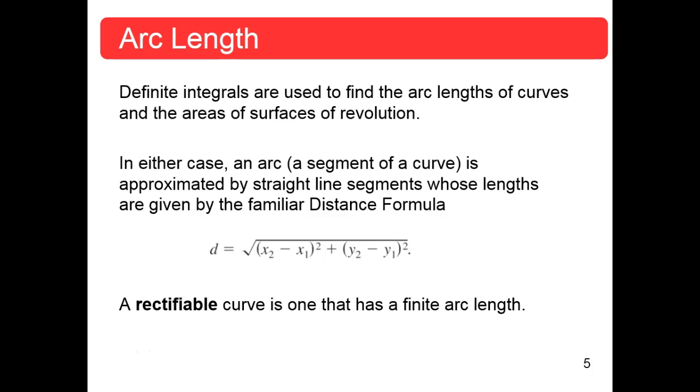If you know 2 points on a line, x1, y1, x2, y2, draw a straight line between them. What's the distance? The length of that line is the square root of (x2 minus x1) squared plus (y2 minus y1) squared. Where does that come from? Pythagorean theorem.